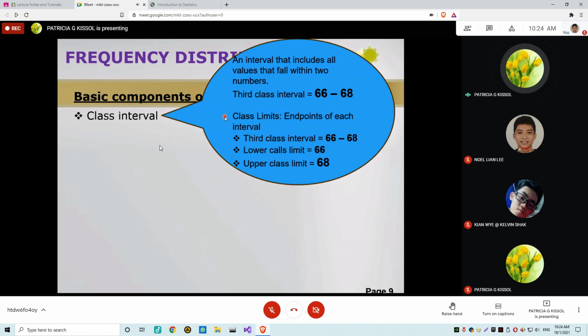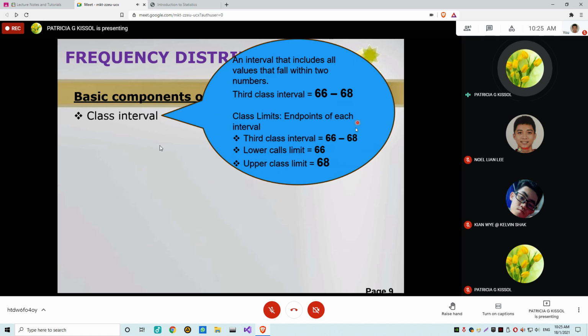So we have what we call class limits, which refer to the endpoints of each interval. So for example, here, the third class interval is from 66 to 68. The lower class limit is 66, which is the lower value of the class interval. And the upper class limit is 68, which is the bigger value of the class interval.